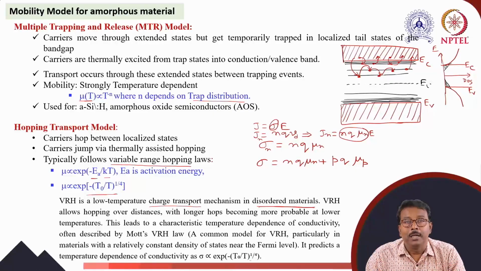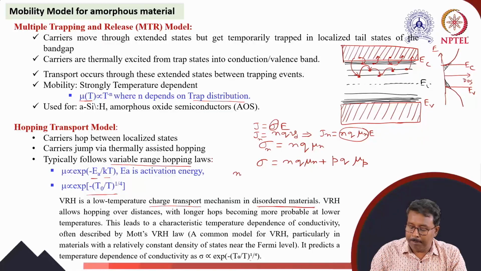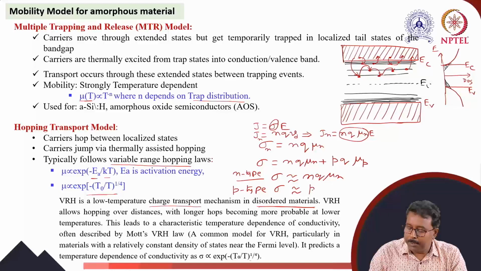But if it is sufficiently extrinsically doped, suppose an n-type material, then n is very high compared to p. In that case sigma can be written as n q mu n. And for p-type material, sigma is almost equal to p q mu p.